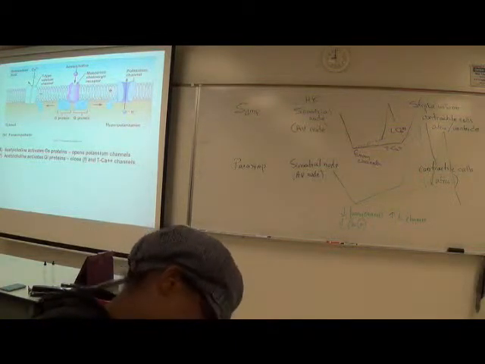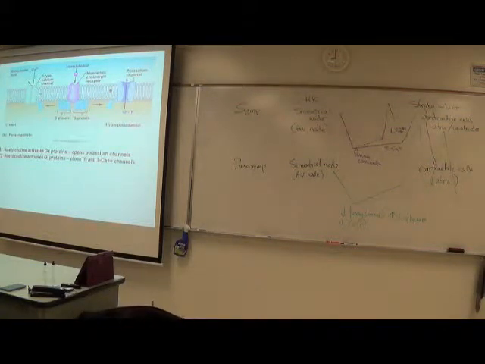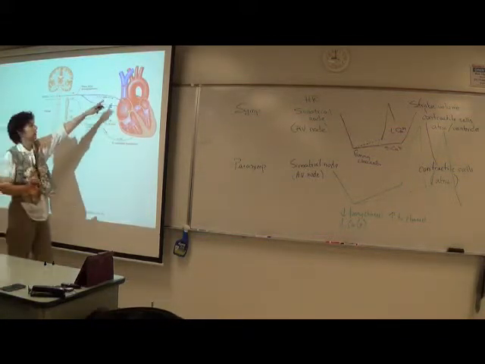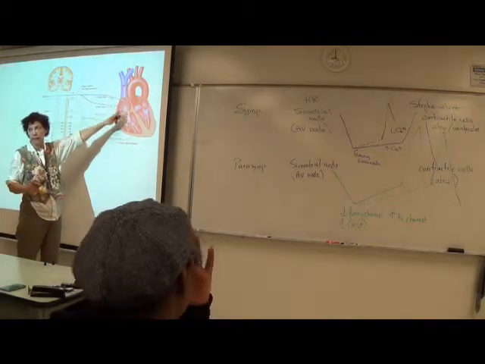Decreased number of action potentials, which means a decreased number of QRS waves, which results in a slower heart rate. So this is direct effect on the SA node, or if the SA node isn't working, the AV node. So what we see in this image right here. Okay? So that's heart rate control.